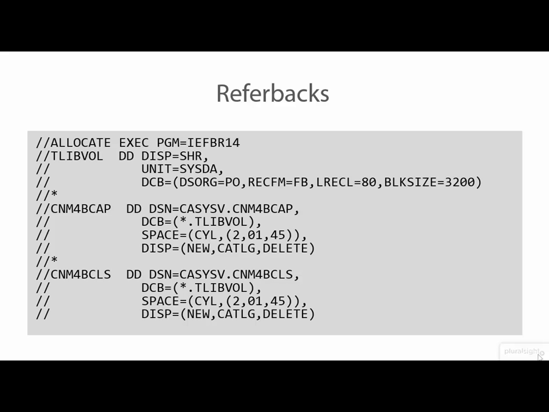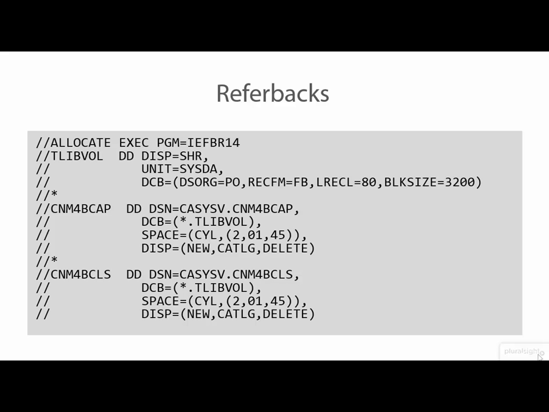The reason is that when we actually get involved in jobs that have multiple steps, when we may have to restart the job and we may have to perform other actions in order to bypass certain steps or to perform other functions, the referback approach can fall apart. So in other words, if we bypass a step during restart, the referback will not work.